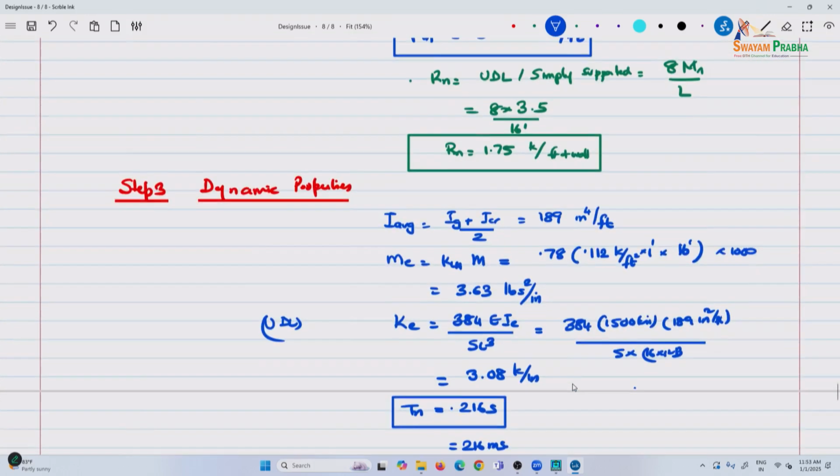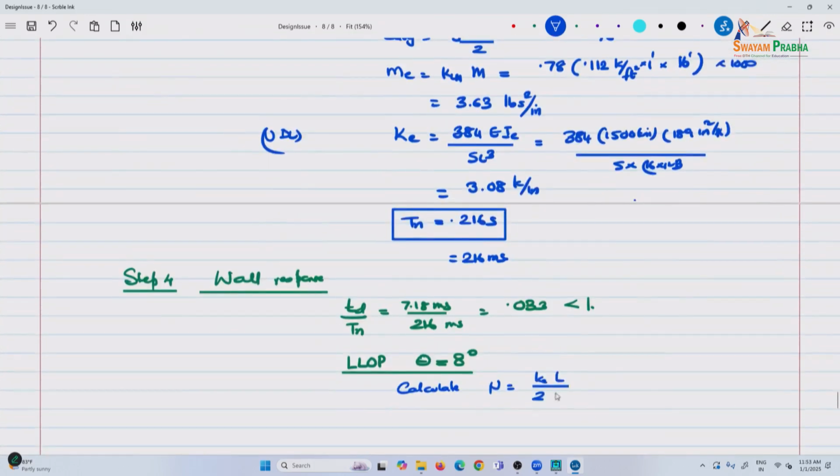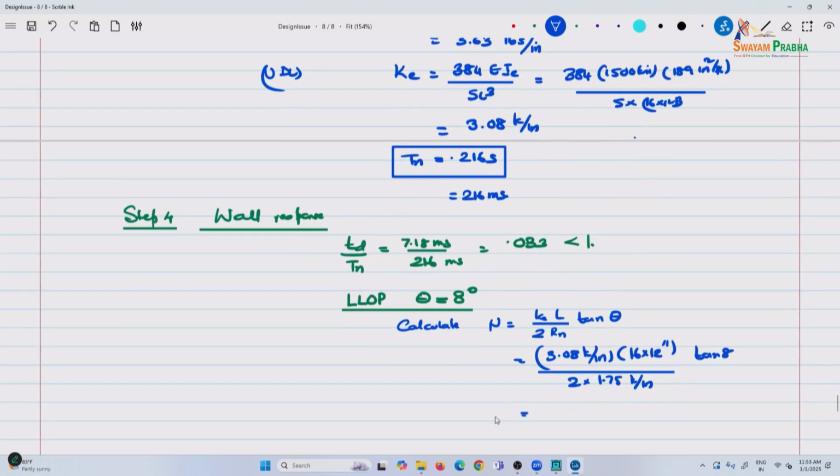Rn was 1.75 kips per foot. So Rn tan theta comes to 3.08, 16 divided by 2 times. So again mu is quite high, 23.7.